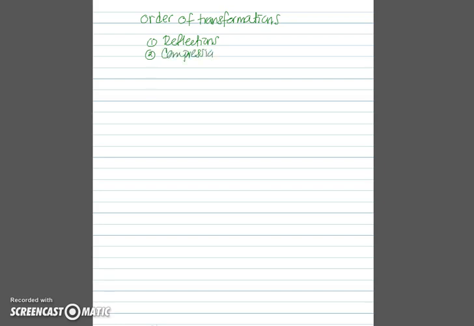And it doesn't matter if they're vertical or horizontal, you can do them in the second step. Finally, you can perform any shifts, vertical or horizontal shifts. And again, this is just a suggestion. Sometimes you can rearrange the order of transformations, but if you follow this, then you can't go wrong.